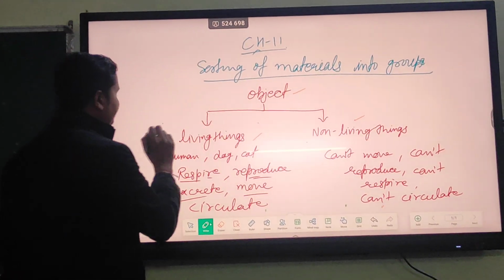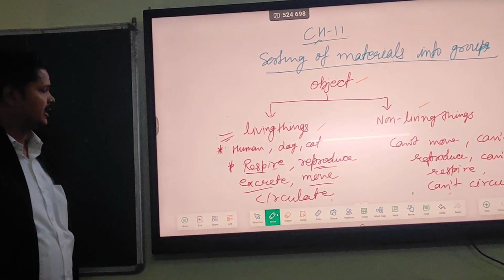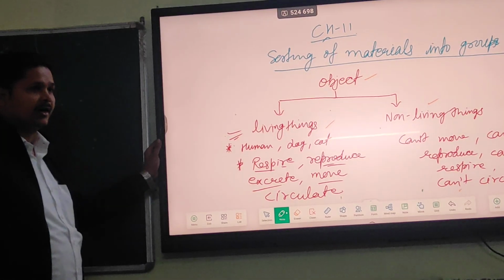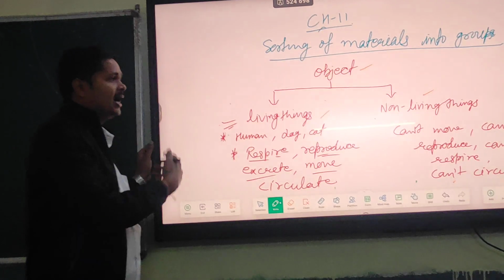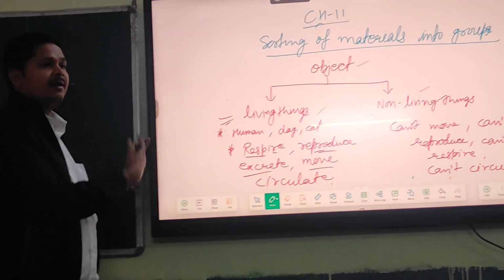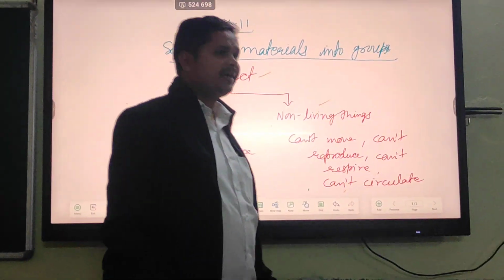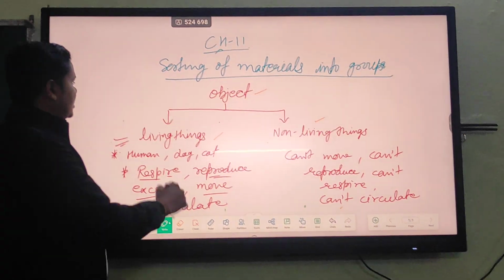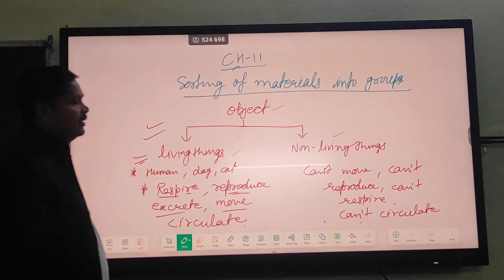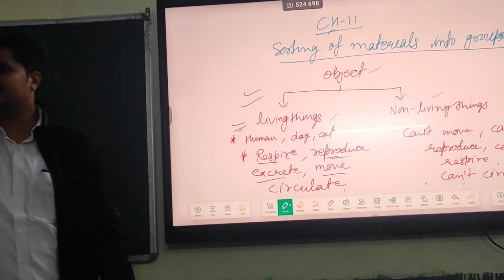So these are the basic differences between living and non-living things. Non-living things can't move, can't speak, can't run, can't walk. But we can walk, we can run. Okay, note all this.